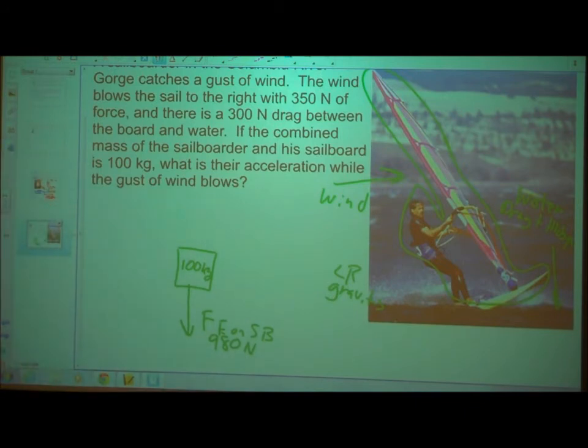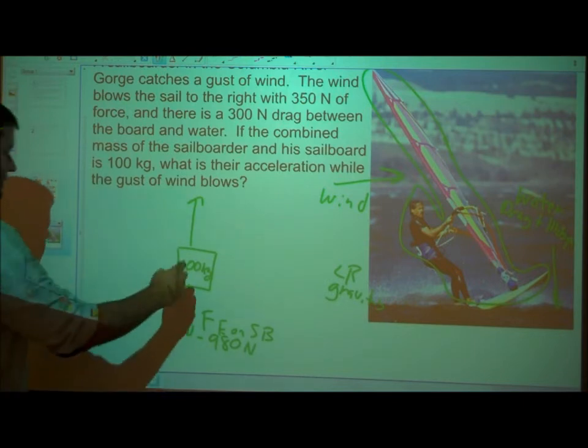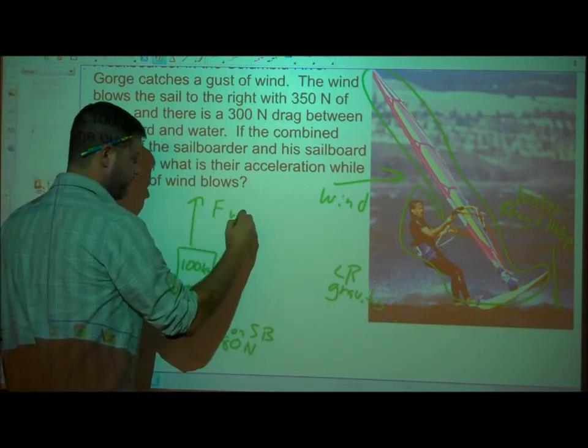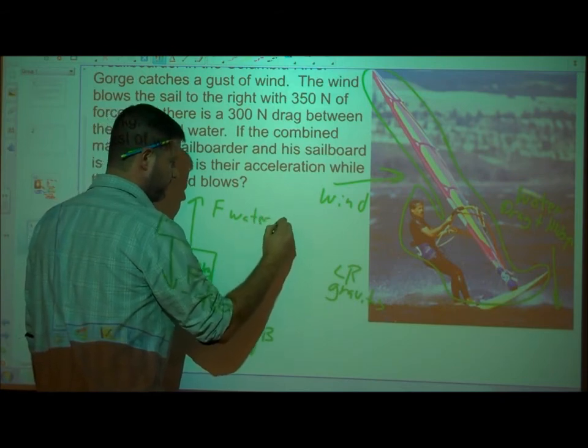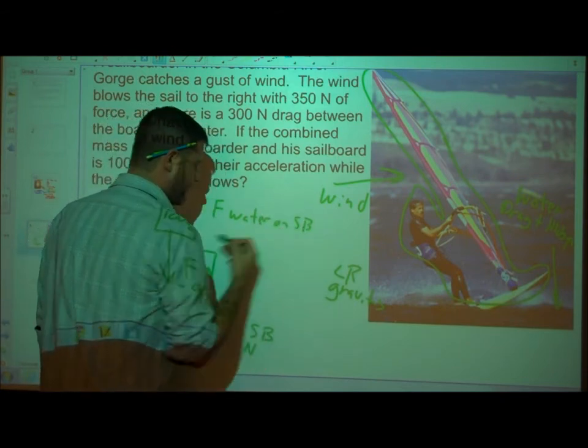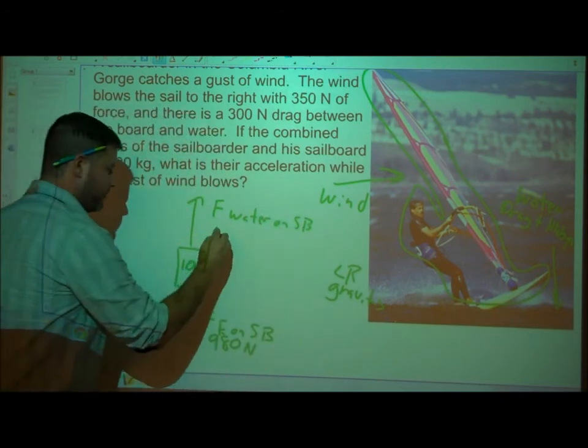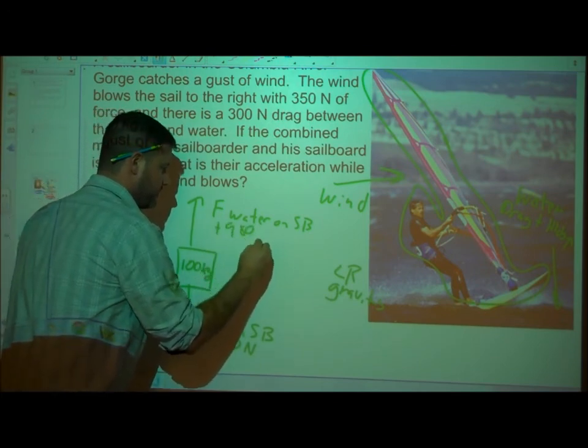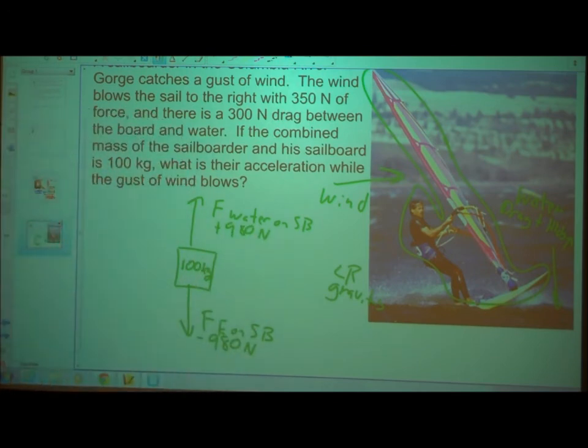Since it's a downward force, let's make this negative here. Since we did the downward force, let's do the upward force as well. We'll label this one as the force of water on the sailboarder, and we'll give this a force of positive 980 newtons.